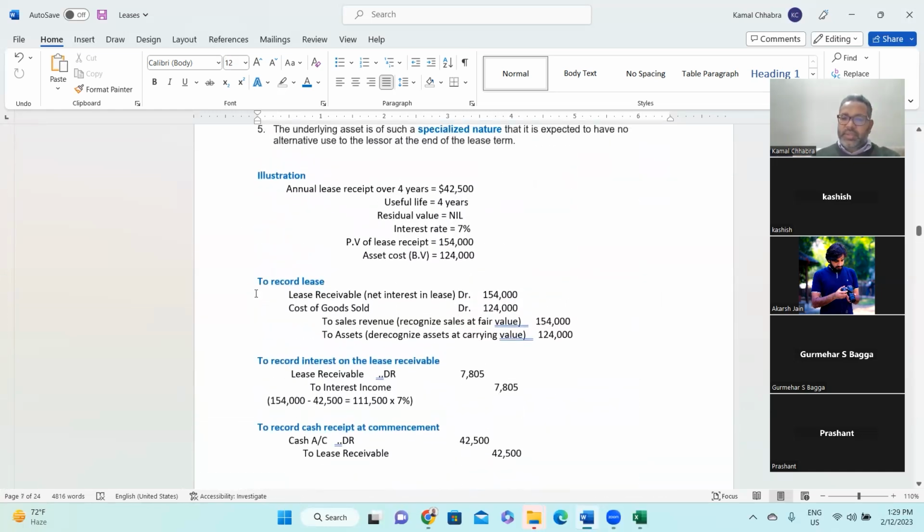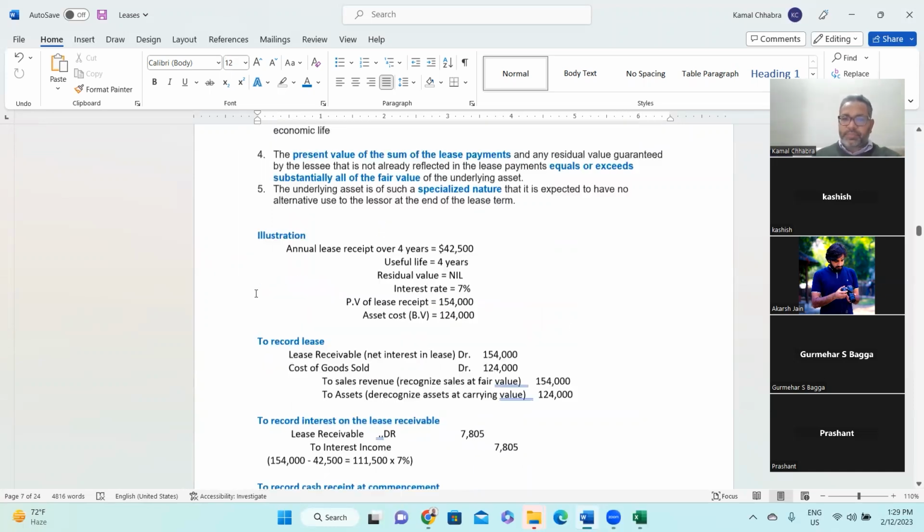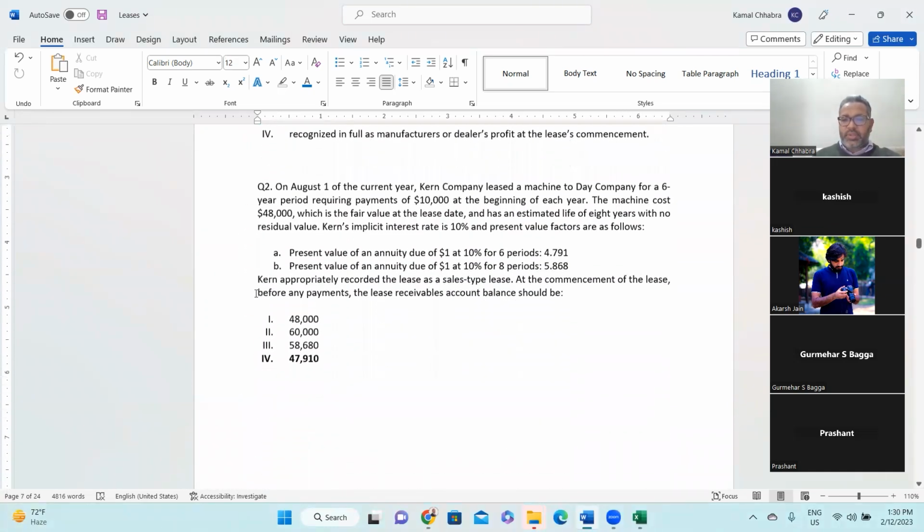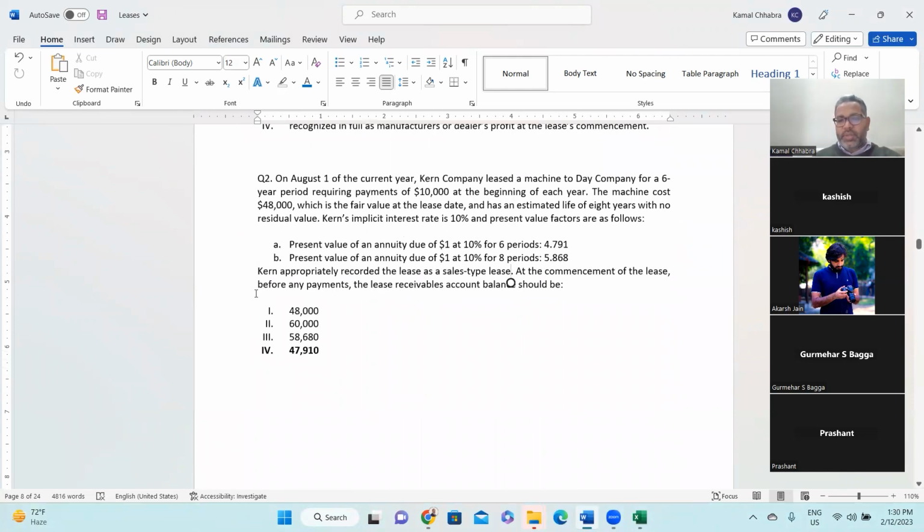The present value of the lease receivable of 154,000 we have discussed here. Same is the case. So the present value factor is 4.791 because it is for 6 periods, right? Not for 8 periods. So point number B is not relevant information for you. It is just to confuse you. Got it.